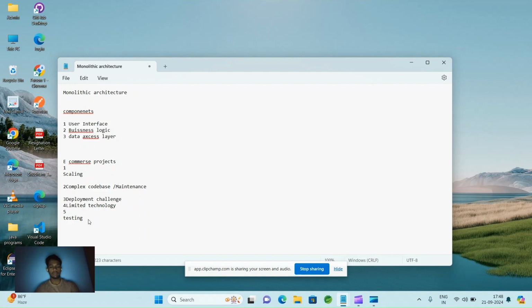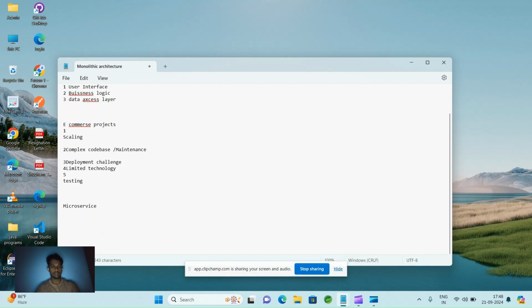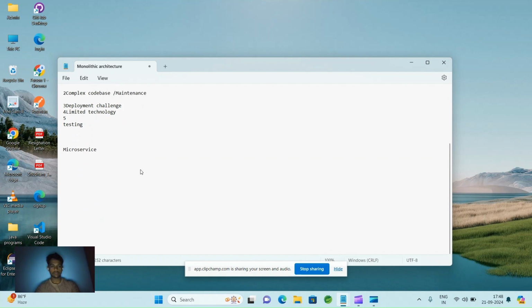Here comes microservice architecture. So what is microservice?